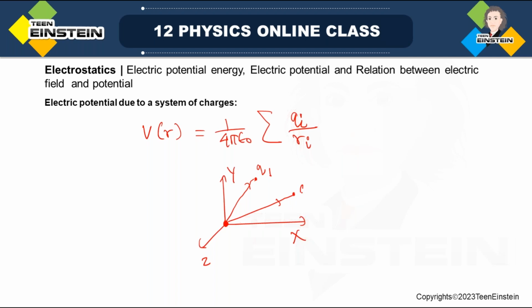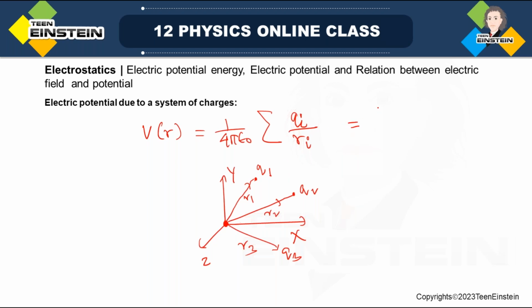This is R2, this is Q2. Like this, suppose this is Q3, position vector R3. So I have to calculate the electric potential due to the charges at this point P, say at the origin.